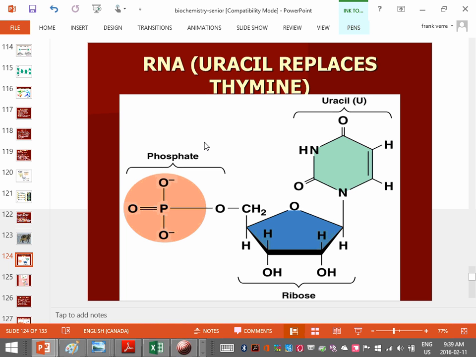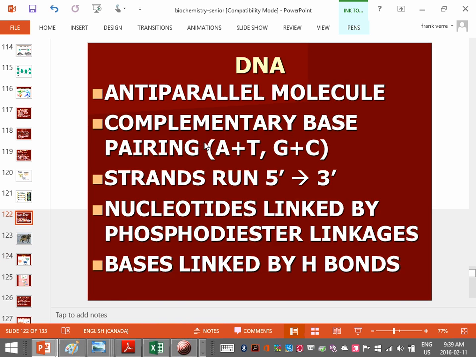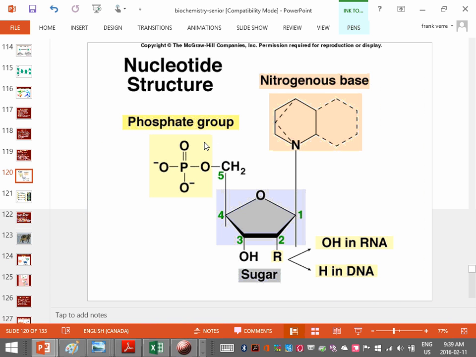There's a few differences. If we go back to this picture, one difference is in the actual sugar. In RNA, we have OH right over here, whereas in DNA, we have H. That's why DNA is called deoxy, because it's missing one oxygen.